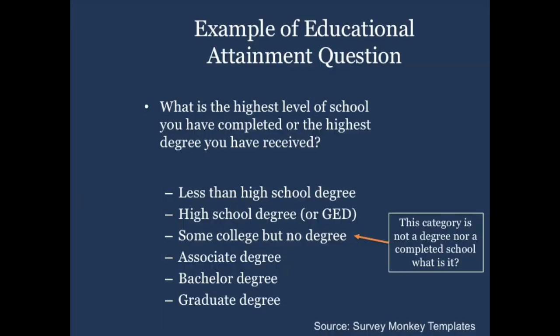Also, the some college but no degree. That's no completion and no degree. So what does that category mean even? If I had done some college but no degree, I have not completed college and I don't have the degree. So the highest degree I have completed is the high school degree. So that category of some college but no degree is a wasted category, and the whole item is very, very confusing.